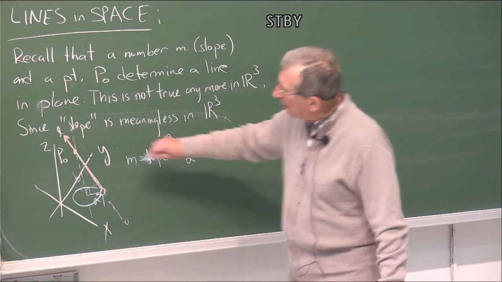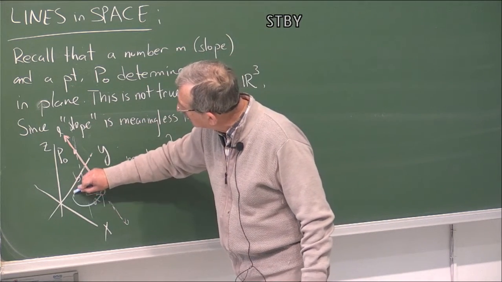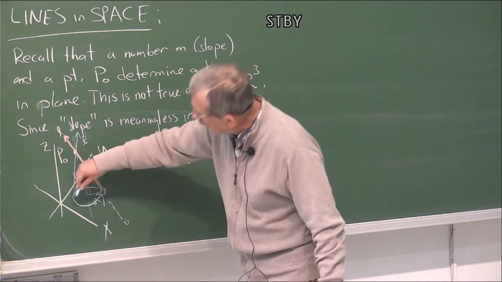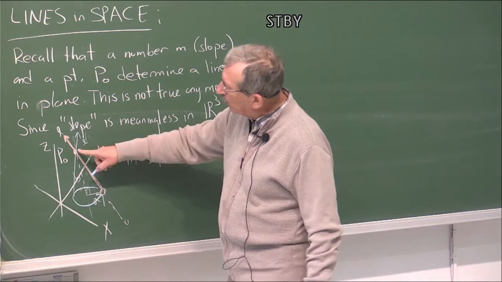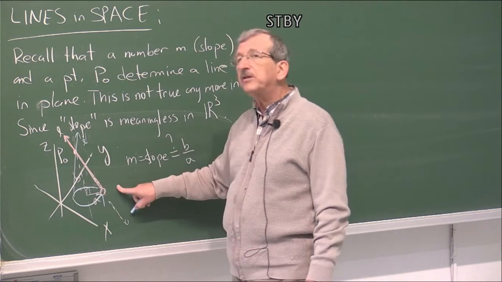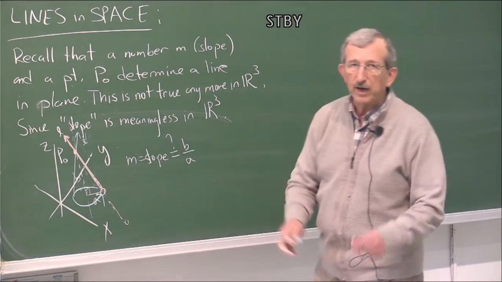Now, because this point is fixed, all the lines L prime, when you rotate it, will pass through P0. And the ratio will be the same, because this is the same right triangle.